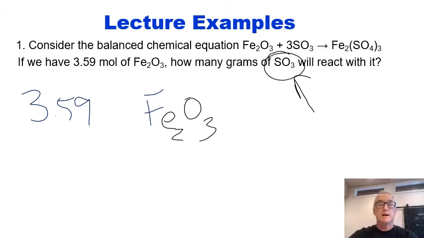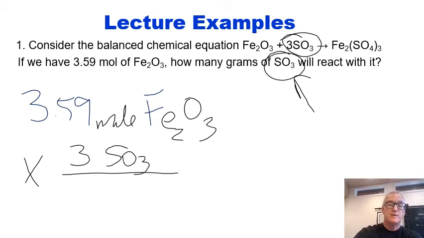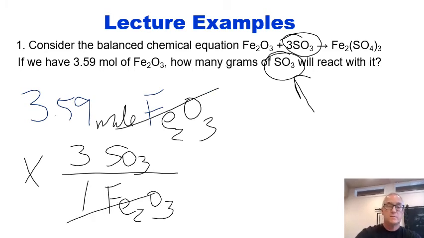So we look at our balanced equation, and we can see that there are 3 moles of sulfur trioxide for every 1 mole of iron 3 oxide. So I want to get rid of iron 3 oxide moles, and I want moles of sulfur trioxide. So there's 3 sulfur trioxides for every 1 iron 3 oxide. That gets rid of moles of iron and leaves me with moles of sulfur trioxide.